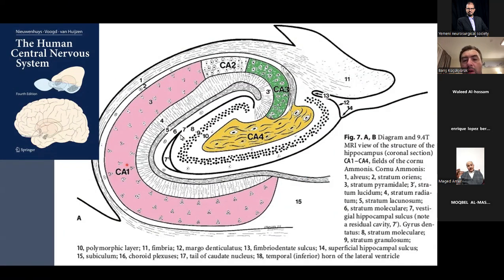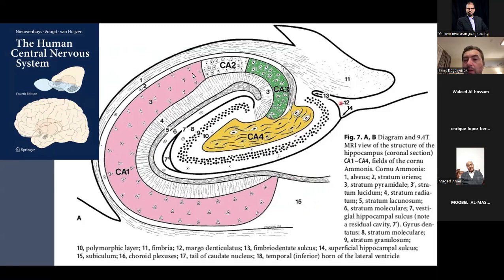But just remember the number 15 is the subiculum, which is the 4-layered cortex of the superior surface of the parahippocampal gyrus. And then when it begins to be the hippocampus, it becomes a 3-layered cortical structure.